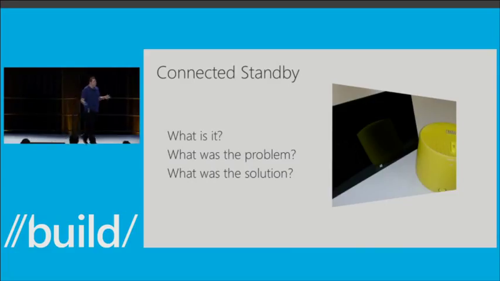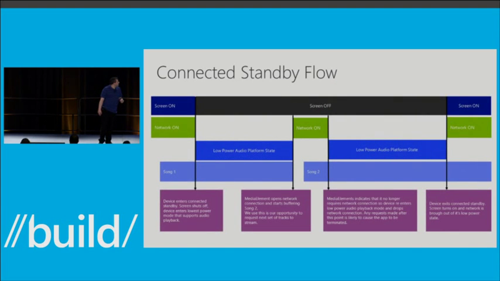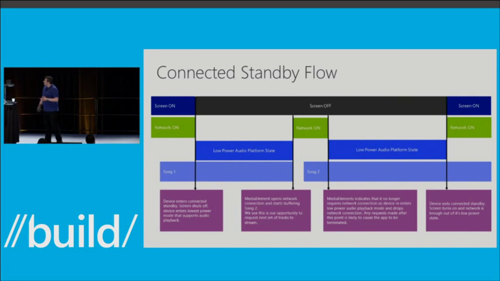And the reason why, I need to explain to you a bit about the connected standby flow. Here you can see a representation of what happens in connected standby. You see the screen's on, network's on, the application's currently playing a track via the media element.